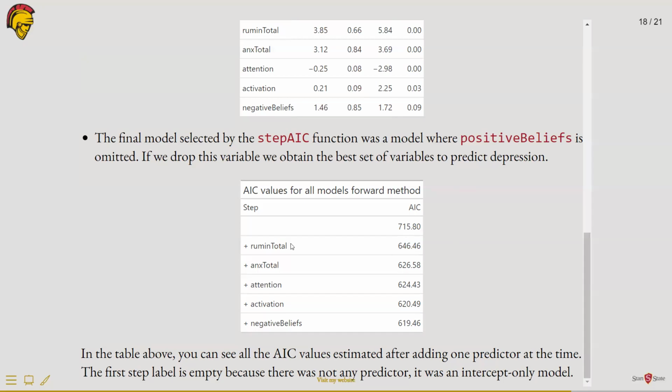So when the regression model had the intercept plus the rumination variable, the AIC was this one. Then when the model had the intercept, rumination, and anxiety, this was the value. And at the end, if you add all the variables, this is the lowest you can get. So that means that all these variables are meaningful for your model, according to AIC. The lower the value, the better the model, right?